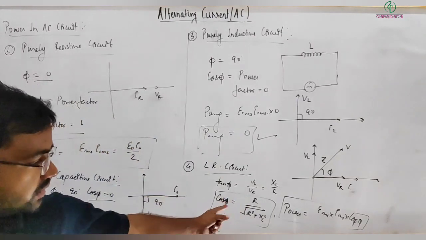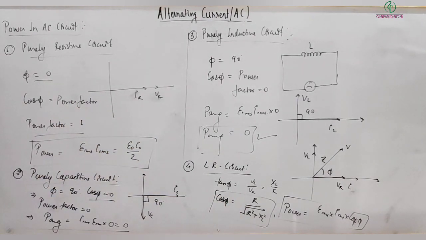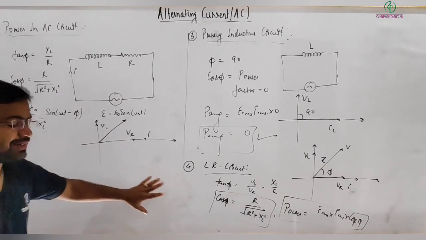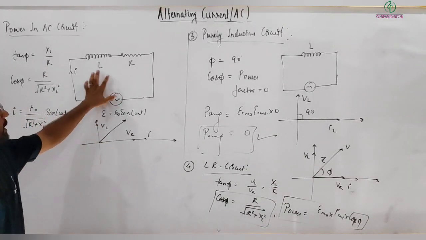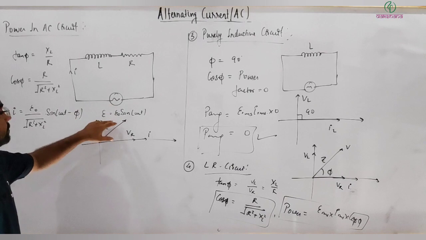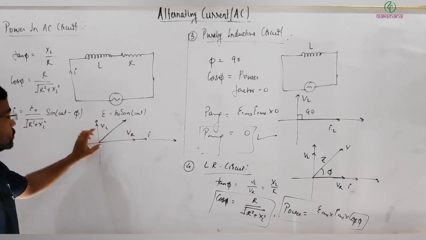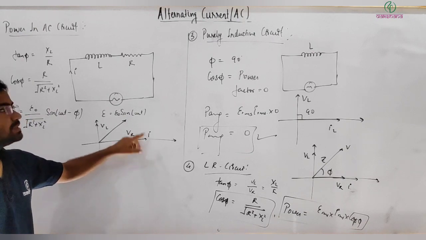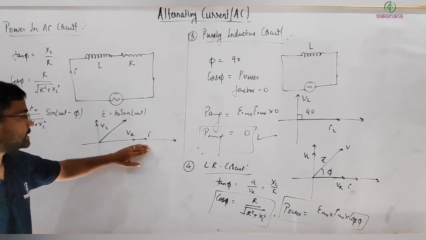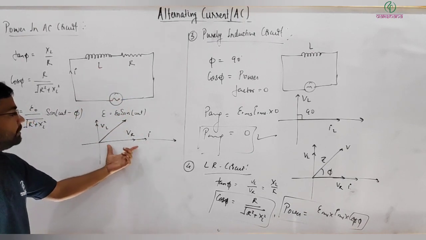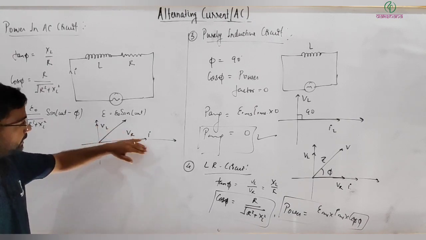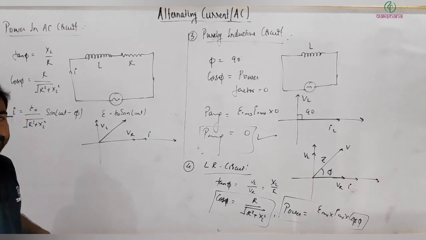Let me show a little more calculation for this. Okay, listen. For this case, I can tell you in a different way, and we will get the same result. This is our LR circuit, with current I and a battery source connected. Since both are connected in series, taking I along the x-axis, VR will be in the same phase with I, and VL will be leading I by 90 degrees.